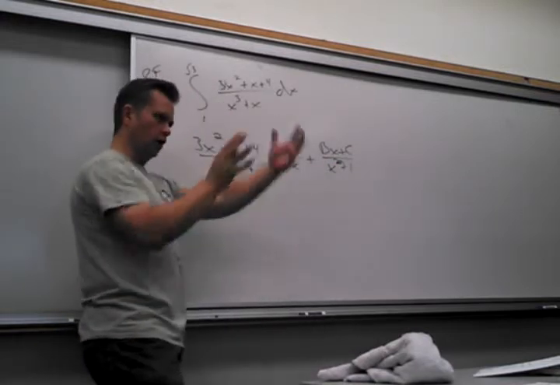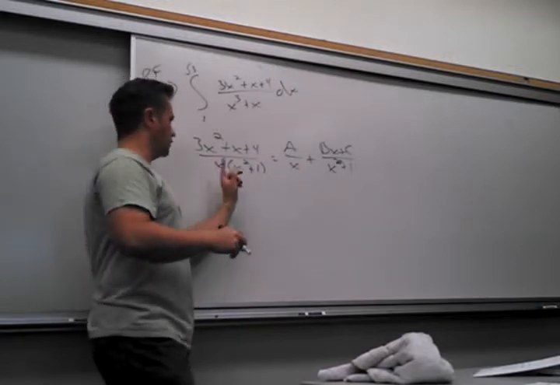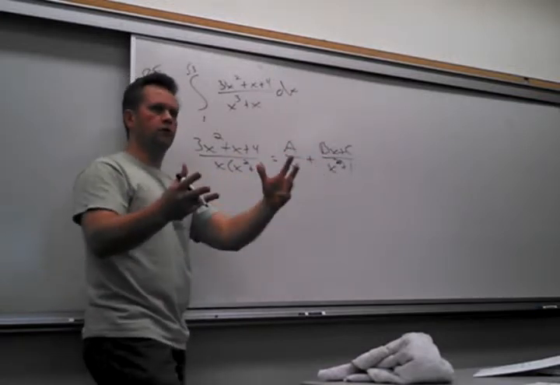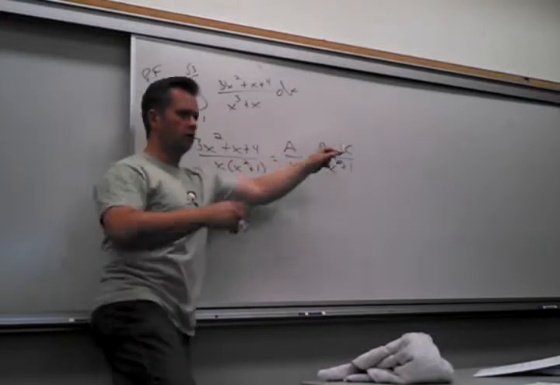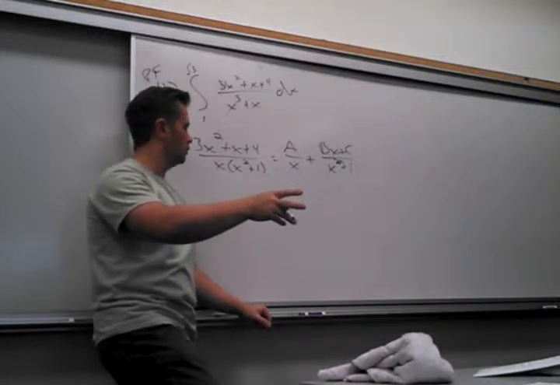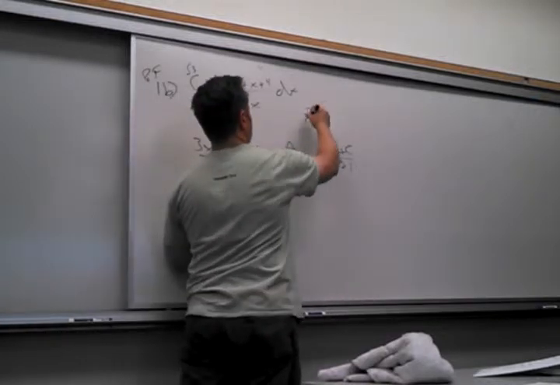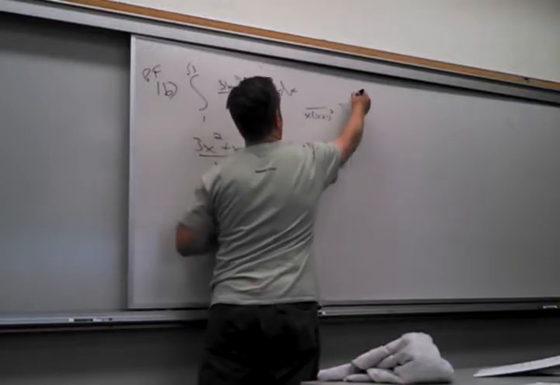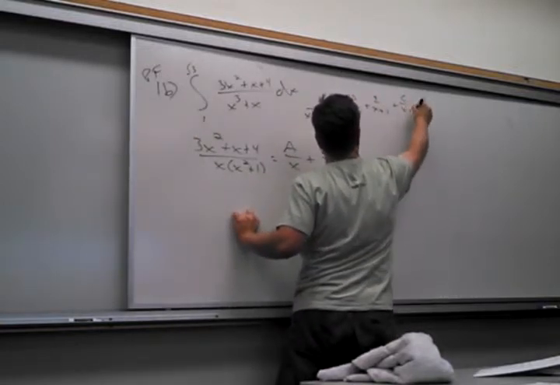If it was x plus 1 squared, I would have A, B, C over x plus 1 squared. This is truly second degree, so the top has to be the most general first degree. We'll have D and E too, right? So again, if the bottom was this, I'd have A over x plus B over x plus 1 plus C over x plus 1 squared.